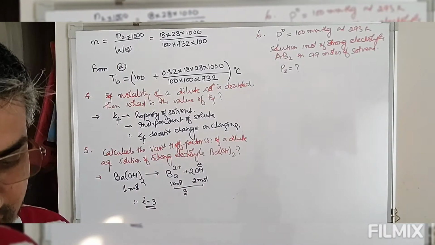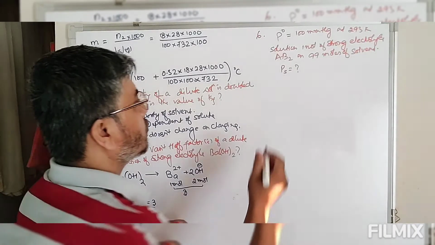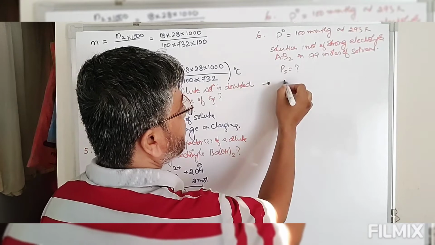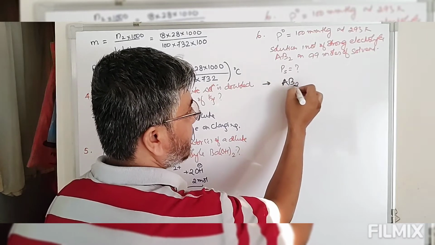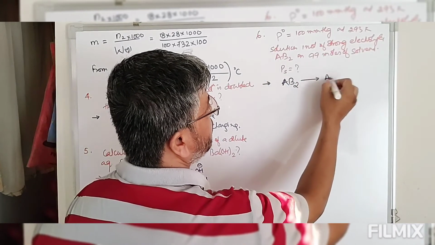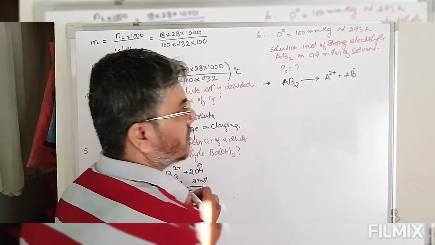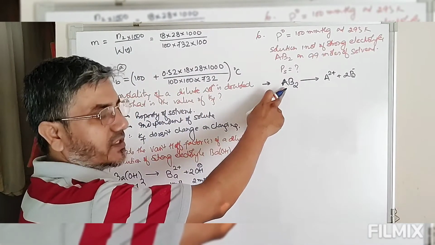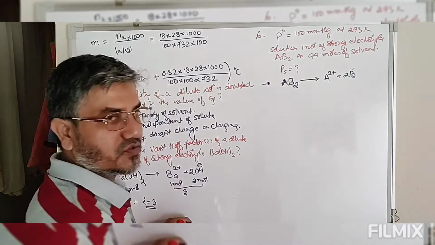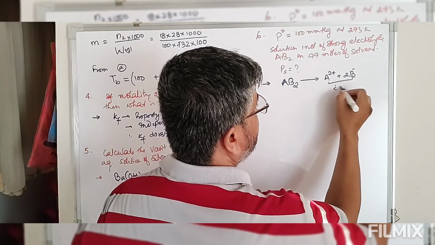Now we have to find the vapor pressure of solution containing this strong electrolyte. The question already says we have a strong electrolyte AB2. AB2 being a strong electrolyte, when dissolved in water, gives you A plus 2 and 2 moles of B minus. Though we are starting with 1 mole of the electrolyte, the solution contains 3 moles. So I is 3.